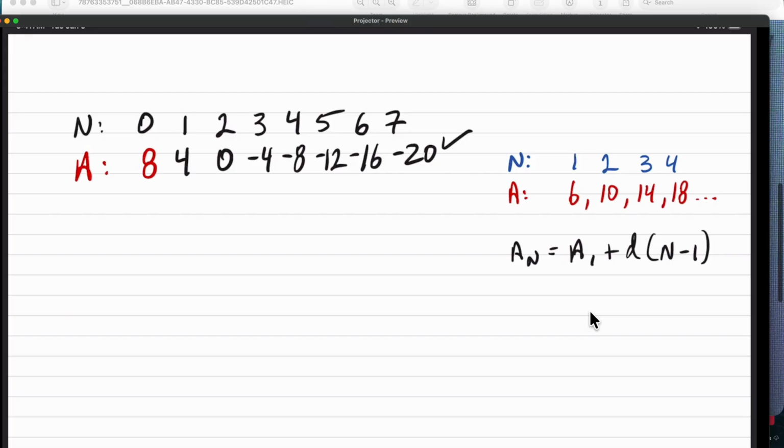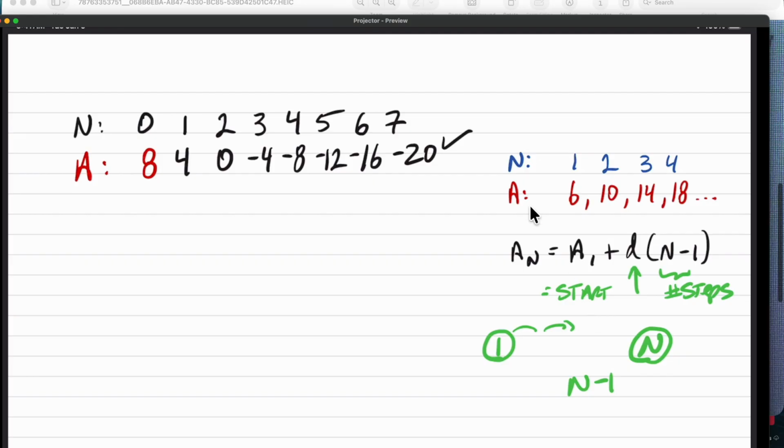We interpreted this as: this is your starting amount, this is your common difference, and this is the number of steps we took. And how do you determine the number of steps that you take? If you start at position 1 and you end at position n, how many steps does it take to get here? The answer is n minus 1.